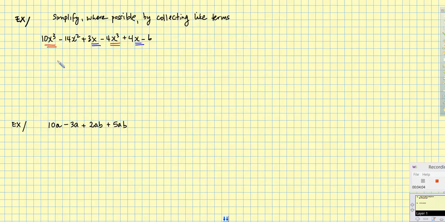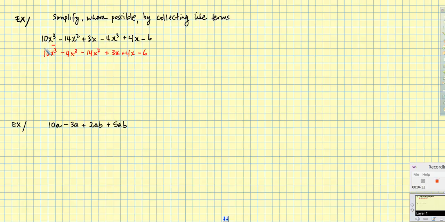Alright, so if I were to simplify the next example, we're just going to do a few examples of simplification. Again, I'm going to bring together my like terms: 10x cubed minus 4x cubed minus 14x squared. There is no other x squared, so I move to the next one, which is plus 3x plus 4x and then minus 6.